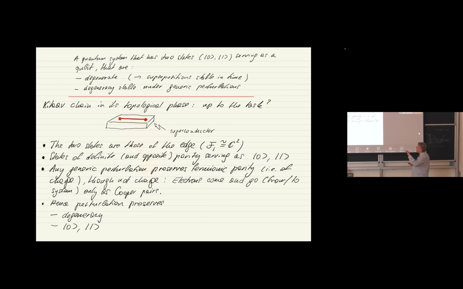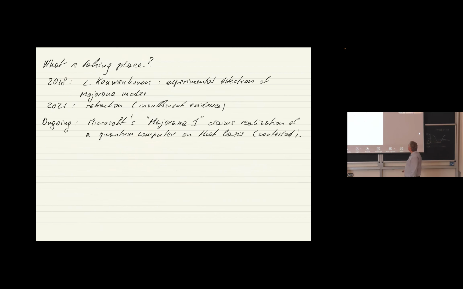But it's another situation to have just 1,000,001 or 1,000,003. And they can detect one parity from the other parity, even if there are 1,000,000 electrons in the system. So that's what they claim that they do. But the thing is still very much contested. So that's what it's all about.